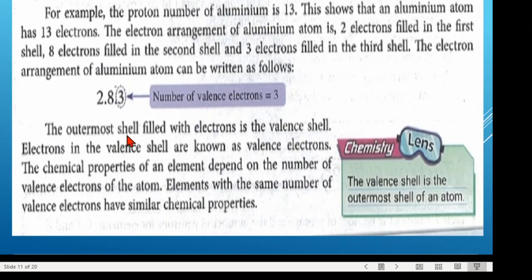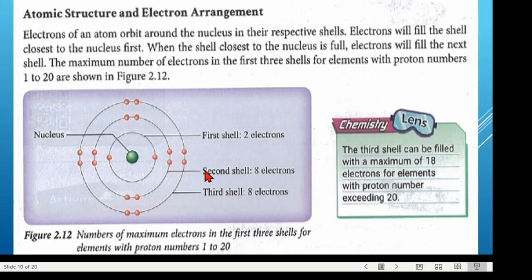The outermost shell filled with the electron, kita panggil valence shell. Okay, kalau tadi valence electron ialah elektron yang terletak pada shell paling luar, manakala valence shell adalah the outermost shell filled with the electrons. Itu adalah valence shell. Valence electron adalah the electron that is located at the outermost shell.